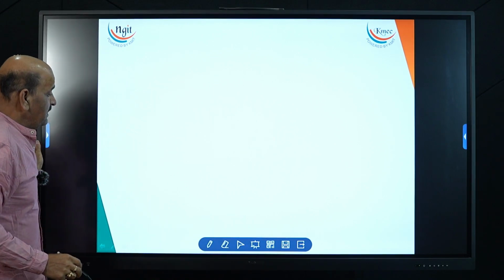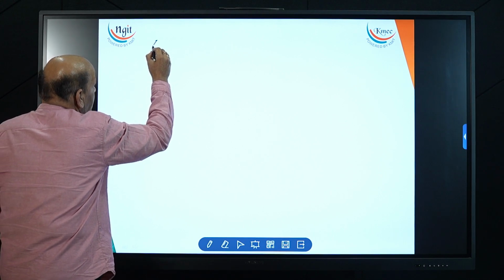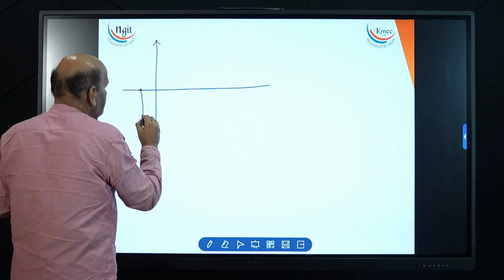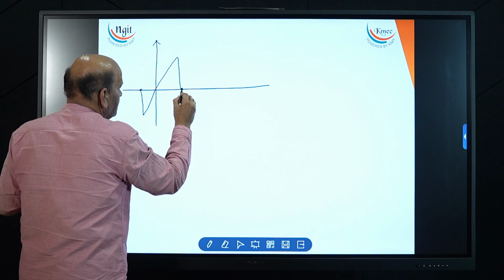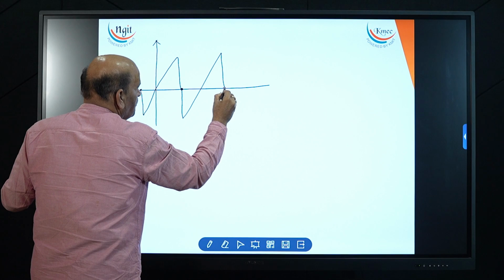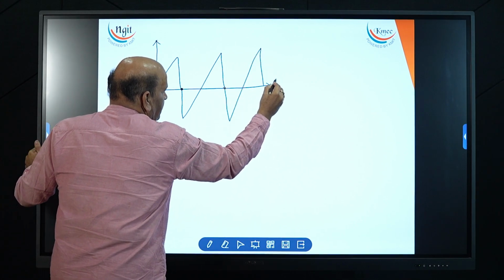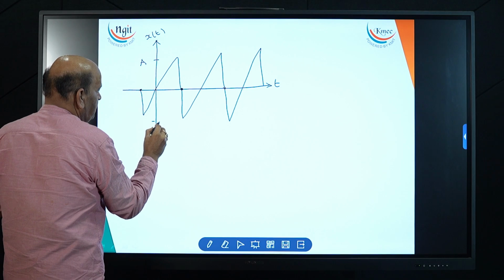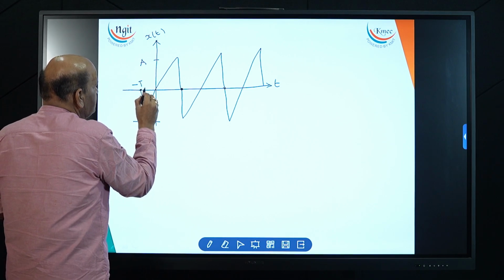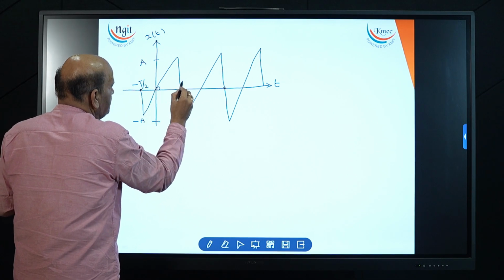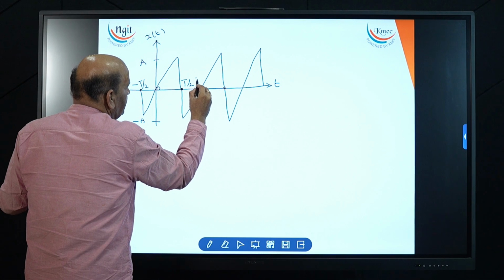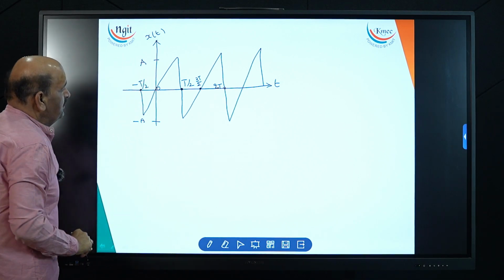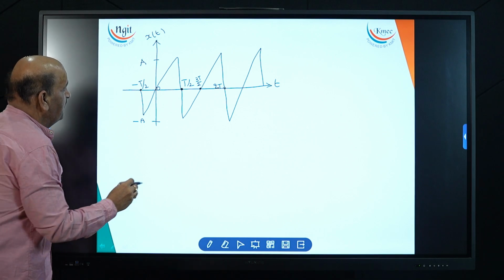Now, we did another one. What is the other problem we did? Just look at this problem we just solved. X of t, this is A, this is minus A, this is minus T by 2, 0, T by 2, this is 3T by 2, this is 2T, like this.